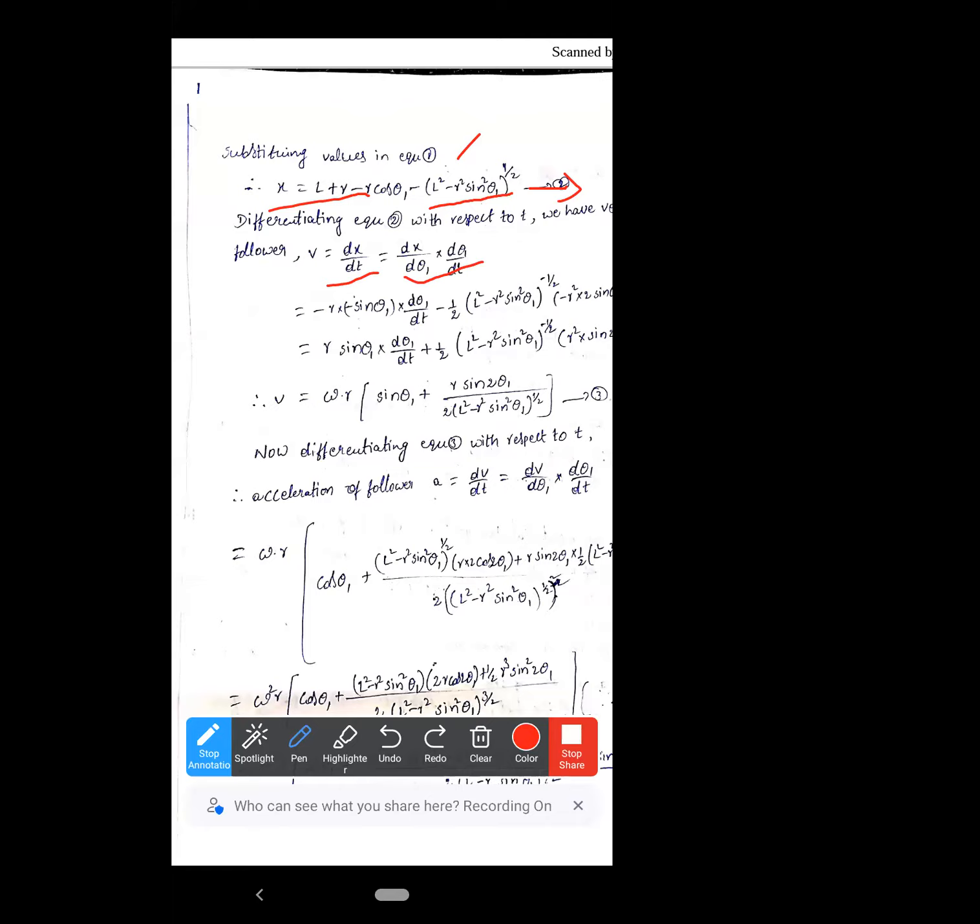So in this, differentiation of our above equation with respect to theta 1. So what is the equation? L plus R, those two are the constant terms. Differentiation of constant terms is going to be 0.